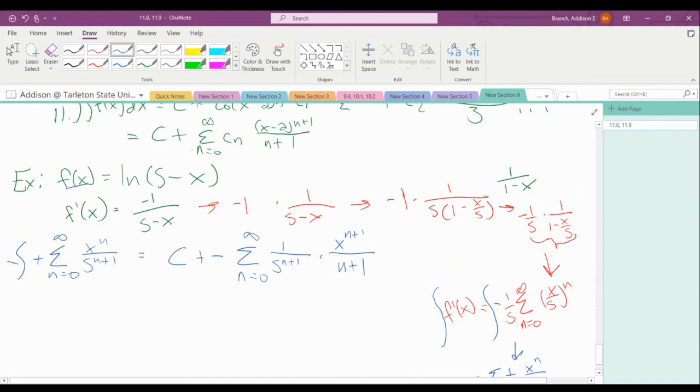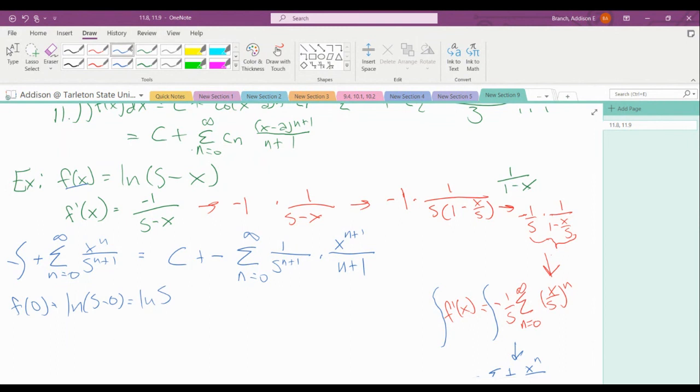All right, so the last thing we can do is solve for our c. Whenever we're solving for c, usually a good one to use is f of 0, and let that be your c. So f of 0 is natural log of 5 minus 0, so natural log of 5.